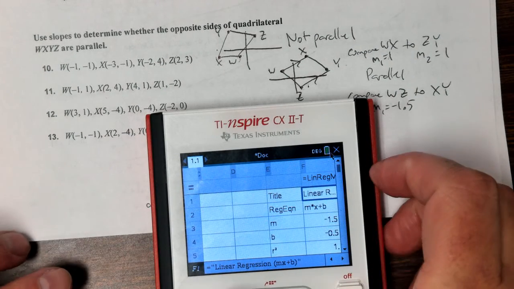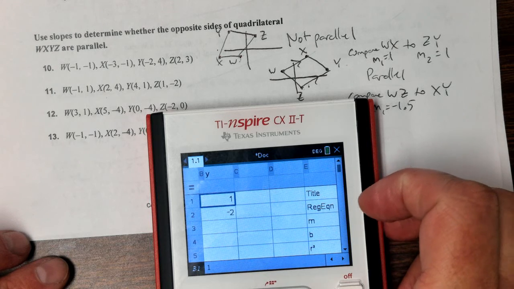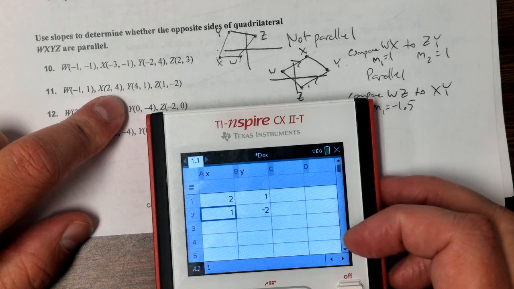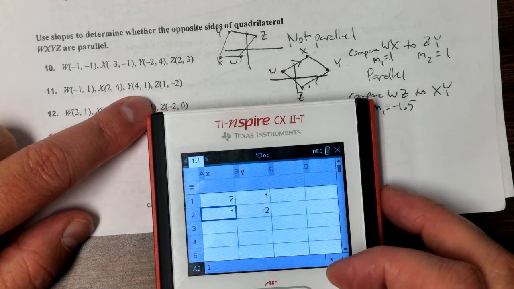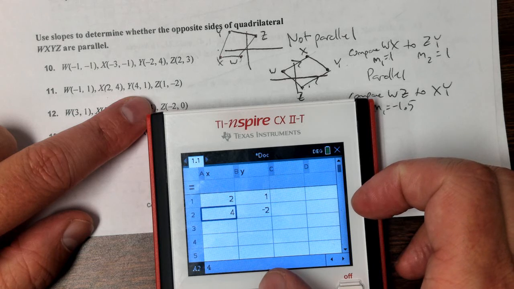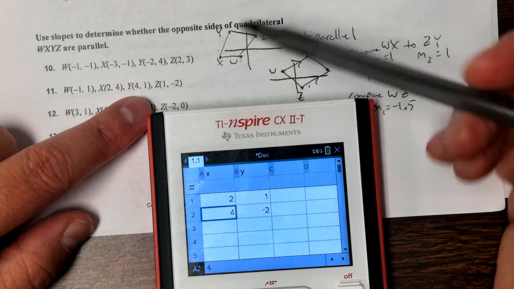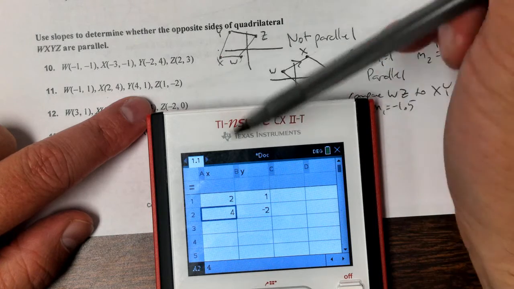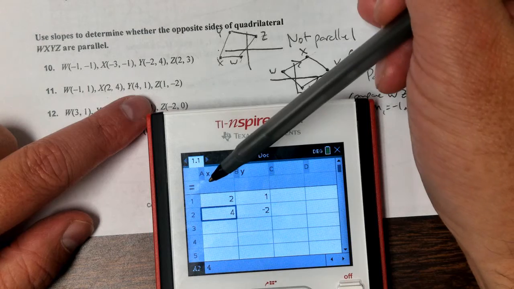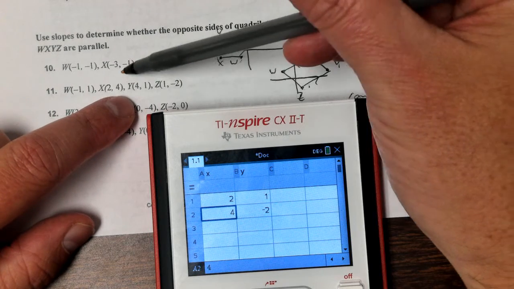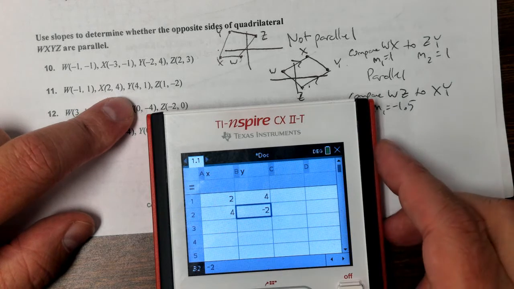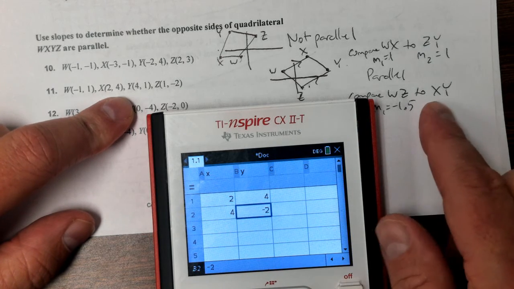And now we need to do xy. So x is 2, y is 4. I know that sounded weird, but the x value of y is 4, and also the y value of x is 4. So both of these are 4. Hold on, xy.